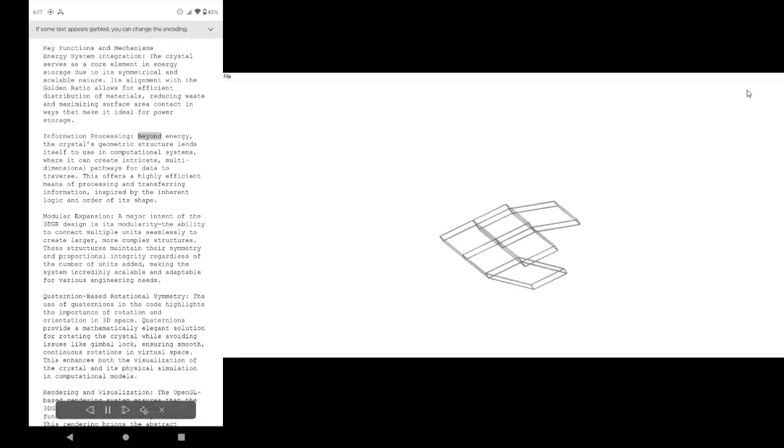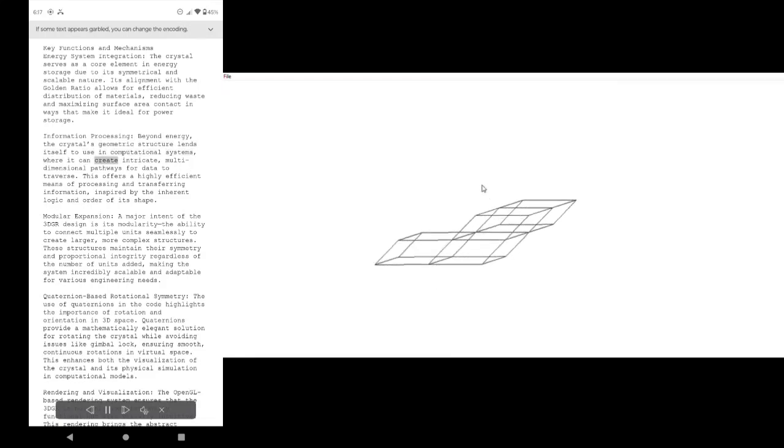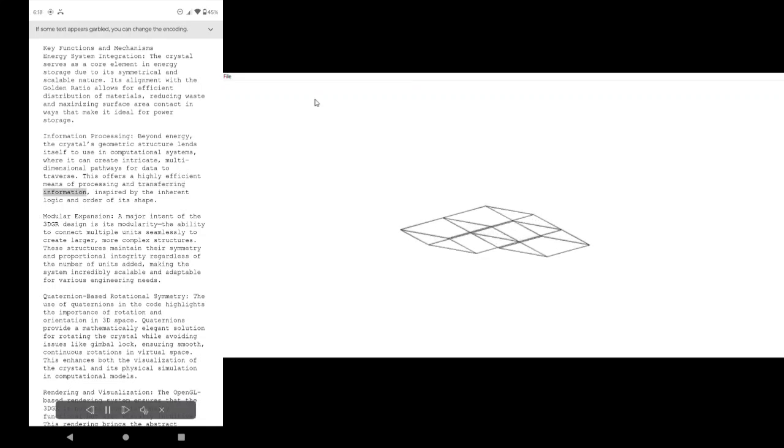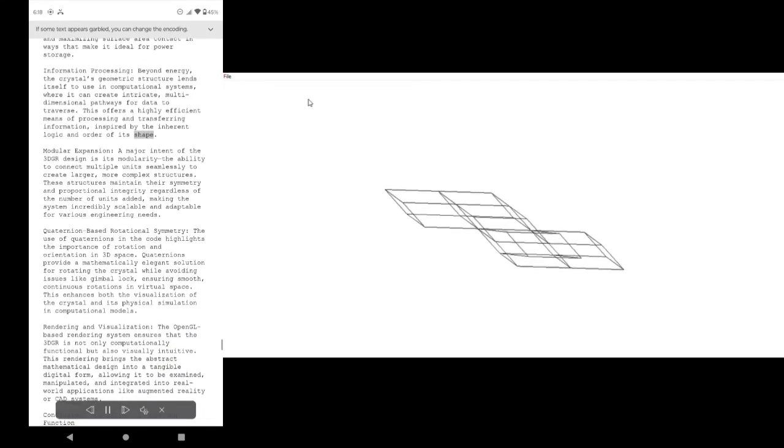Information processing. Beyond energy, the crystal's geometric structure lends itself to use in computational systems, where it can create intricate, multi-dimensional pathways for data to traverse. This offers a highly efficient means of processing and transferring information, inspired by the inherent logic and order of its shape.